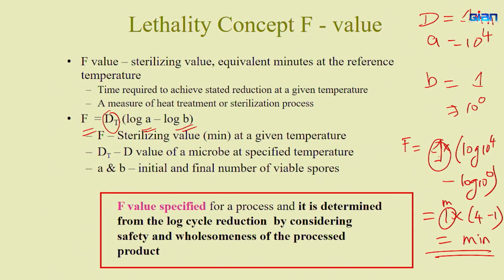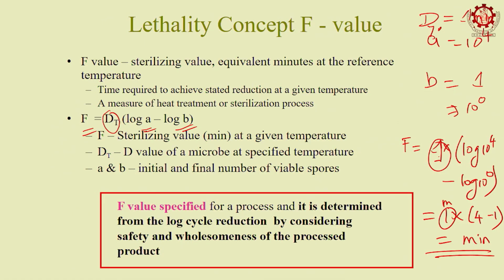In this calculation I did not consider the temperature variation, right. I assume that the whole thing happens, let us say, at 70 Celsius. That means I assume my vessel is at 70 Celsius. But in reality, your process equipment starts at room temperature, takes certain time to reach your processing temperature, and then you are going to cool it down.